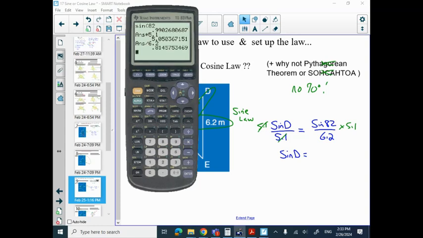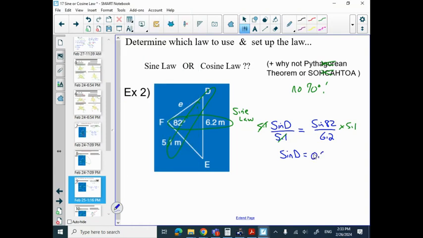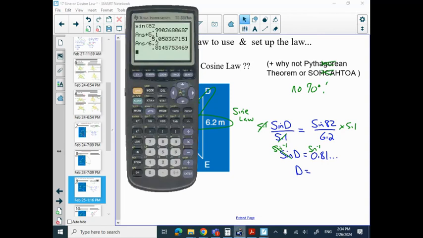That's giving me 0.81, and it keeps some decimals. And then we need to get rid of sine. So sine inverse. The D value, the angle value, is left over. So we do sine inverse of that answer. The calculator's pulling in all of those decimals, giving us 54.5 degrees.